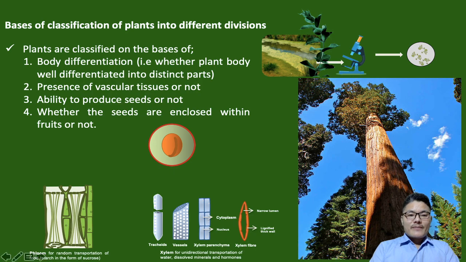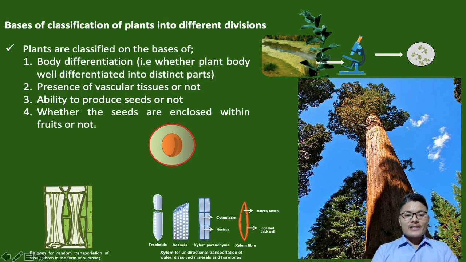The first basis on which plants are classified is body differentiation, whether the plants are complex or simple. Second basis for classification of plants is whether the plants are having phloem and xylem or not. And some plants do produce seeds, some are not producing seeds.